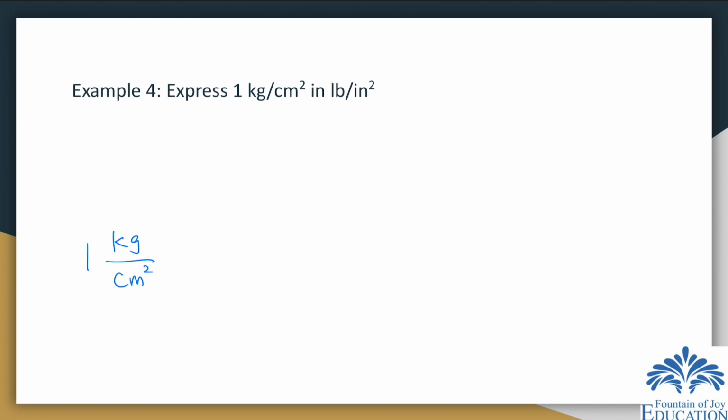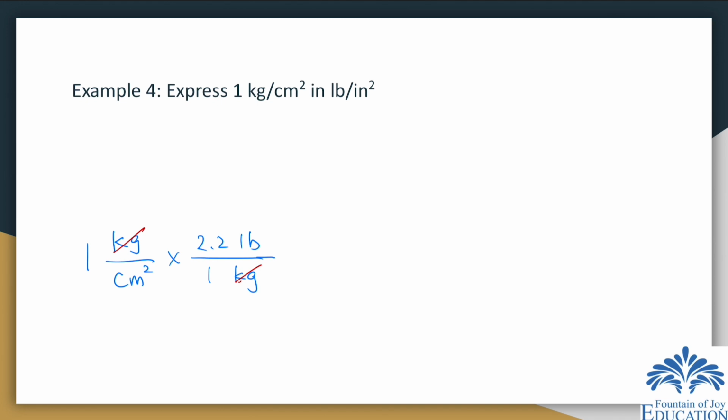And we have that conversion as 2.2 pound per 1 kilogram. And since kilogram is the unit that we need to eliminate, we need to write them on opposite sides of this fraction, one in the numerator and one in the denominator. So now we have converted the mass into pound, and we also have to change the square centimeter into square inch.